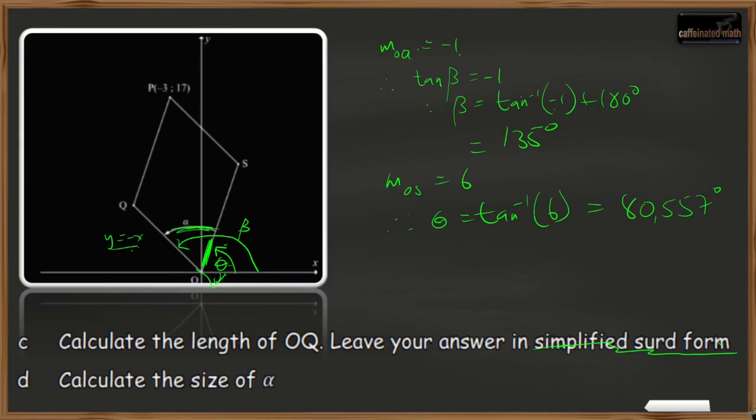And as we can see over here, if we use another color, alpha is just equal to beta minus theta, so we'll state as much. That's just in the way we set it up, and if we take that value and subtract 80.557 to one decimal place, we will get 54.5 degrees. So that's as simple as that gets.